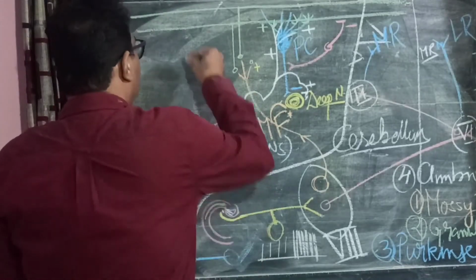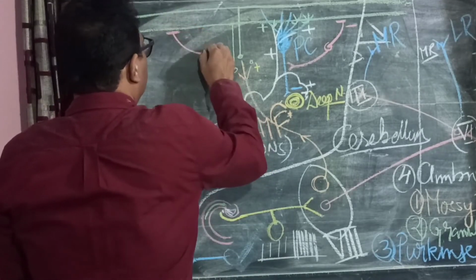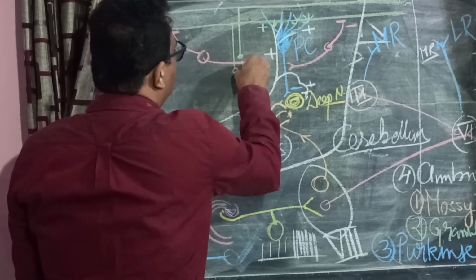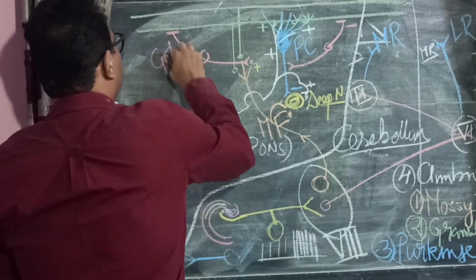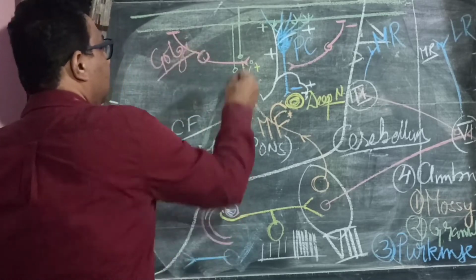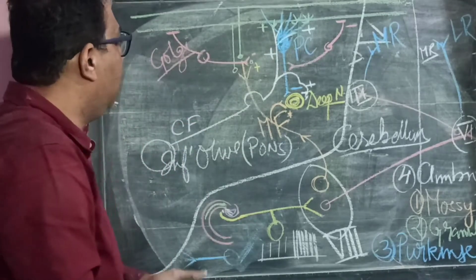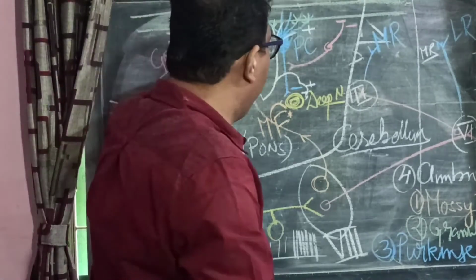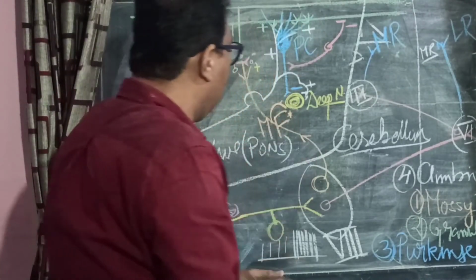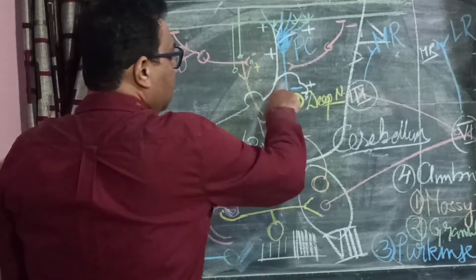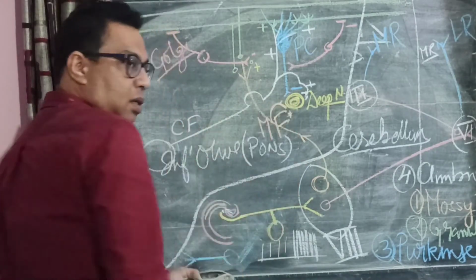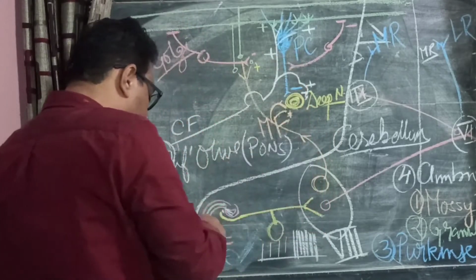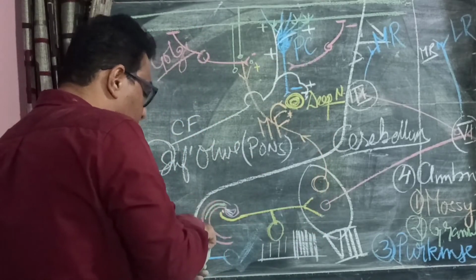Please also note the other inhibitory interneuron, the Golgi cells. So this is inhibitory. So you see, there are many feedback loops. So here also positive stimulation from mossy fiber, from climbing fiber, but negative stimulation from the Purkinje cell.